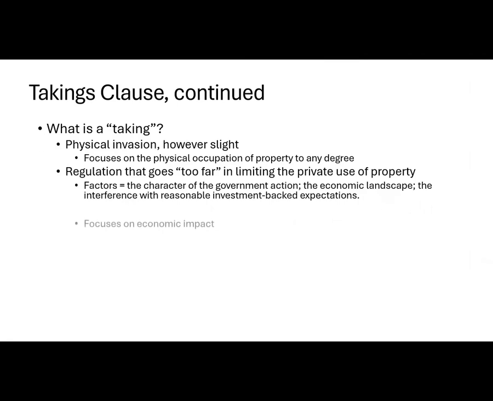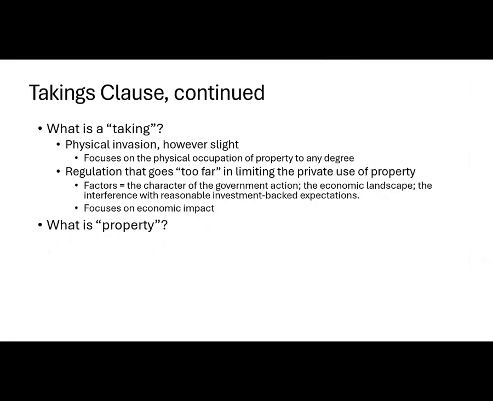Regulatory takings focus not on physical occupation, but instead on economic impact of the government action. So here, with regulatory takings, the extent of the regulation does matter. Governments often regulate the private use of property, but it is when those limitations go too far that a taking has occurred.